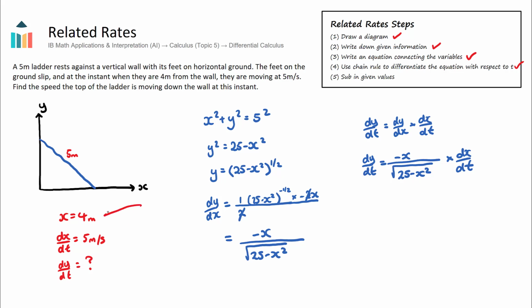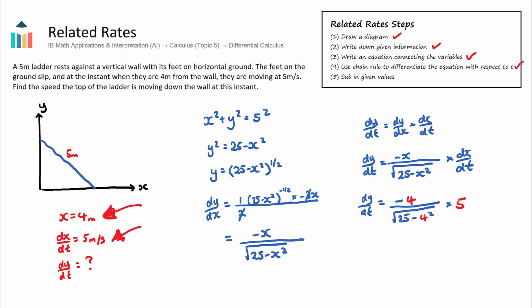Let me put here, x is 4, and dx/dt is 5. So let's substitute that in. dy/dt will equal negative, and I'll put in the x in red to visualize what we've subbed in, x over the square root of 25 minus 4 squared, multiplied by dx/dt, which I know is 5. So I've substituted in all of our given values at the instant.